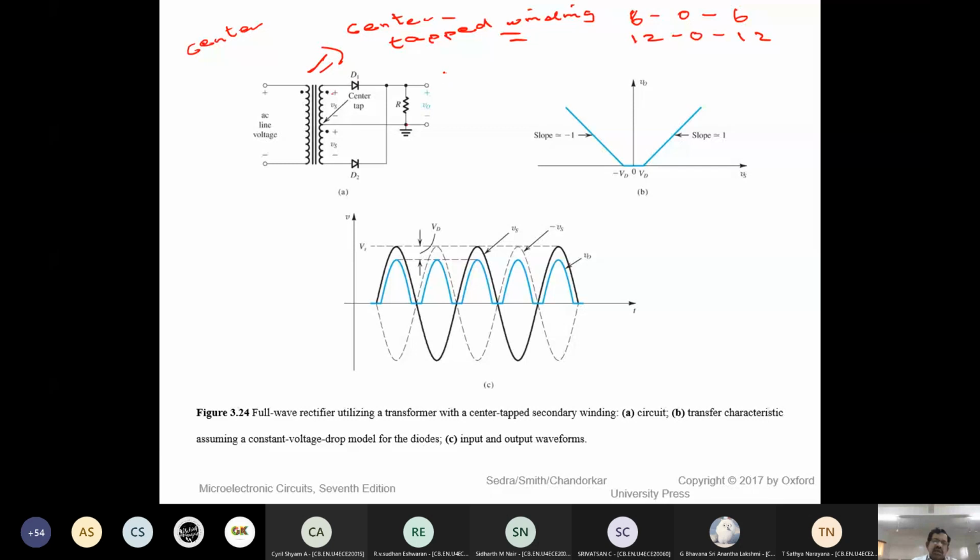So only one diode will be forward bias, and the other diode will be reverse bias.